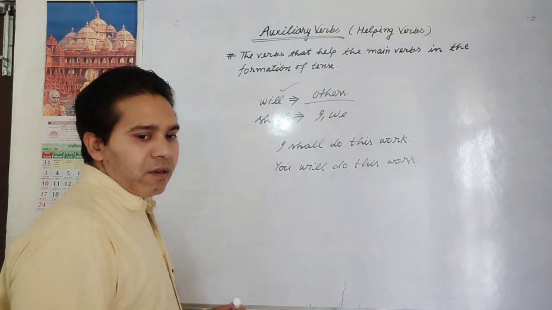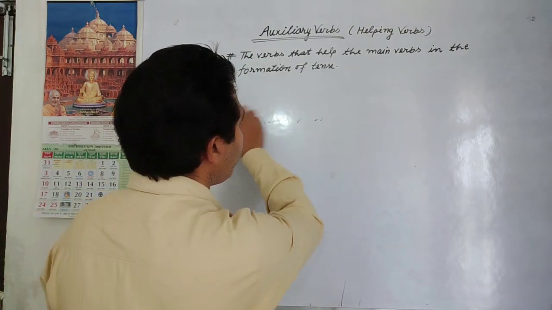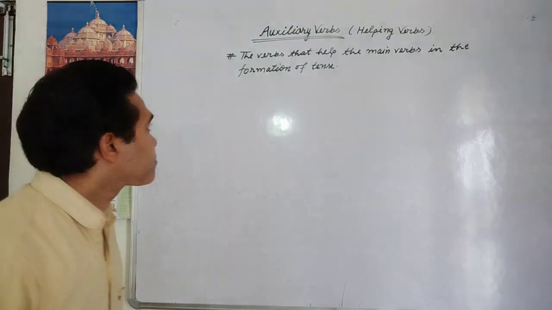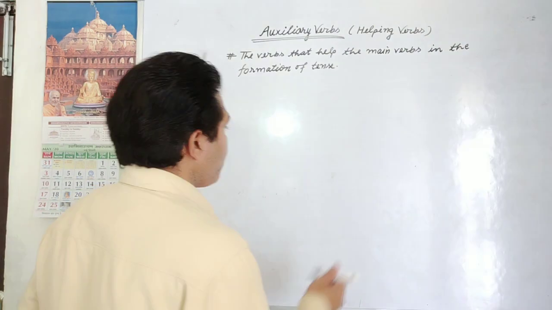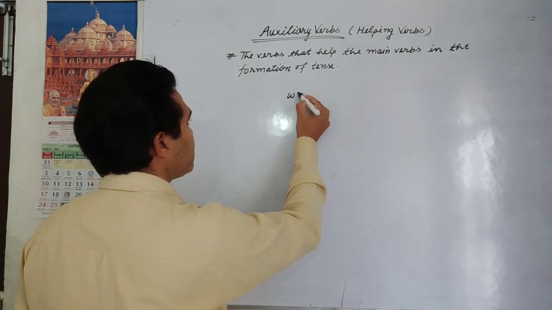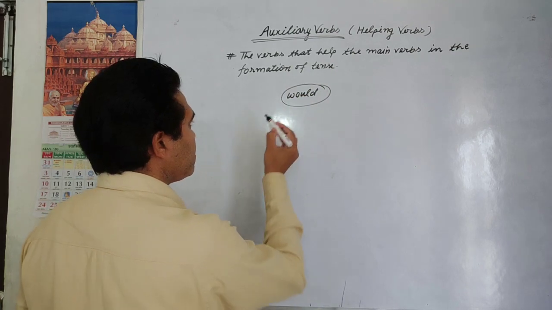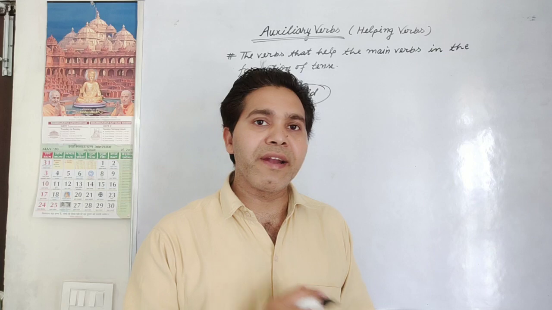Okay. Now the past form of will is would. First, would is used in past tense when we make indirect speech.